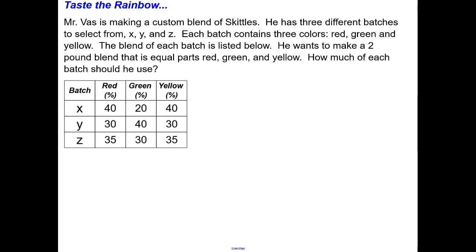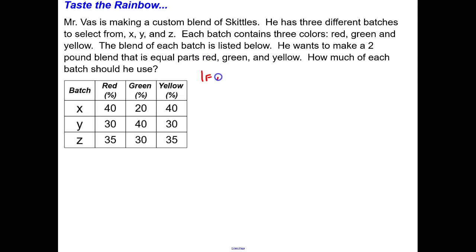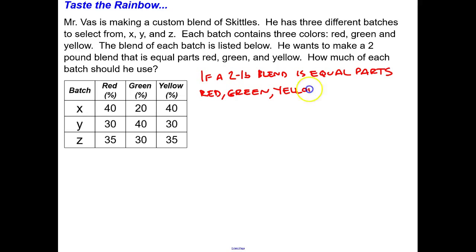Okay, here's the key to this problem. If a 2-pound blend is equal parts red, green, and yellow, then each color will be how much?